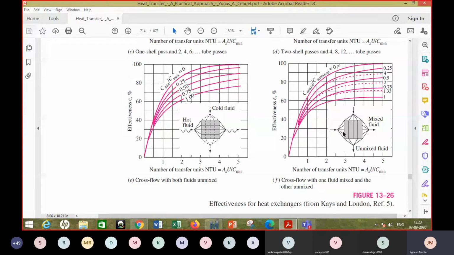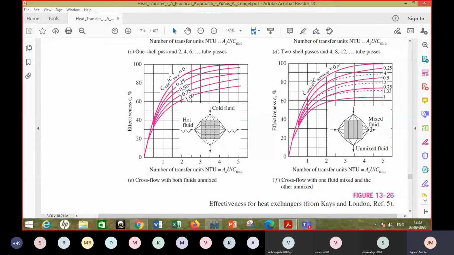It's not that it has to divide itself into multiple channels and move in that channel only, this horizontal one. But this vertical one, you can see that the channels are defined. So once it gets distributed among multiple channels, it has to flow through that channel. So that fluid is unmixed, and this one is the mixed fluid.